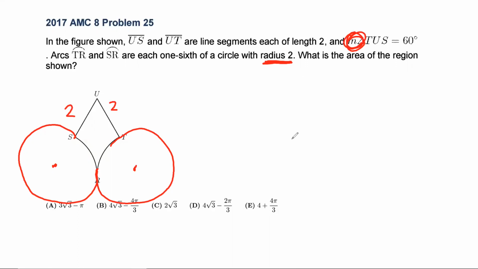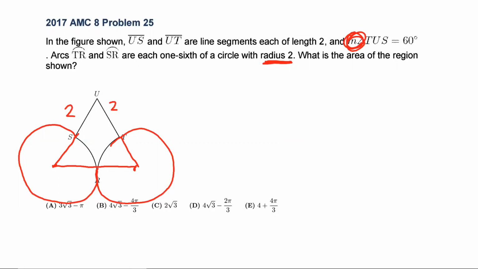Okay, so that tells us that if we connect the centers to US and UT, we'll get this completed triangle.